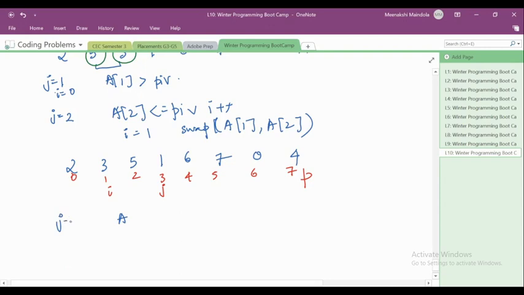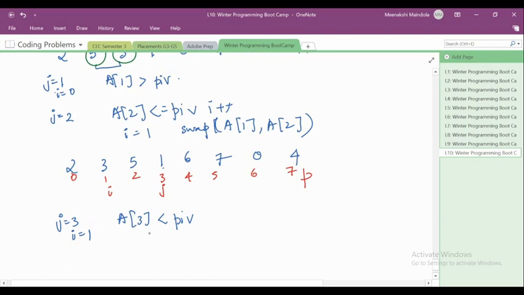So let me write down the values of j and i as well. So j is equal to 3 and i is equal to 1, right? You compare a of j, which is a of 3, is 1. 1 is less than the pivot element, right?